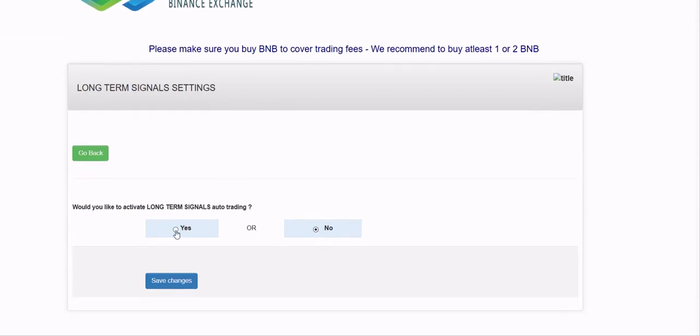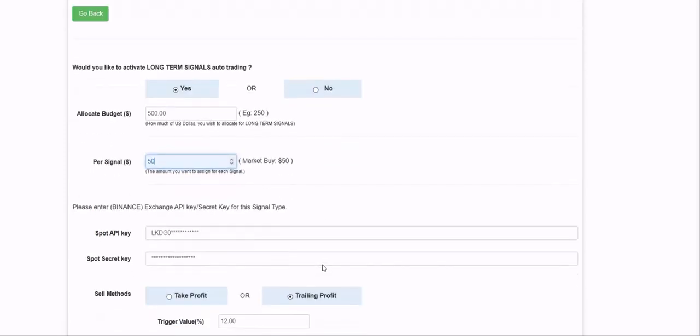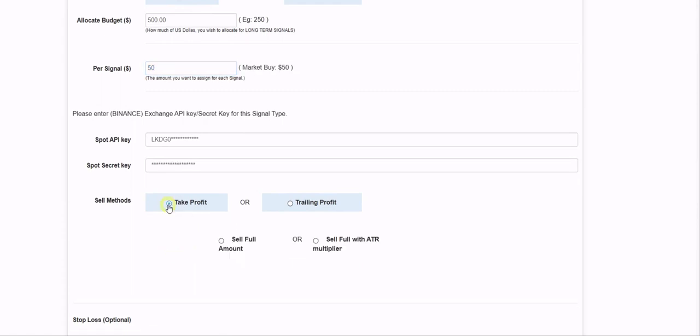So when we turn these on, we have numbers in there. You can put 500 or $50 per trade, or 40, or whatever you might have. And then you can put in your API key from the exchange that you're using. You can choose to use trailing profit, or you can use normal take profit.